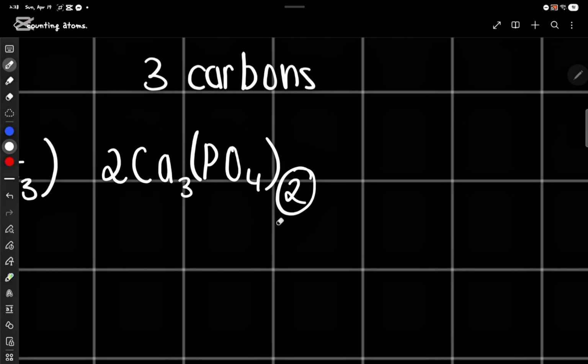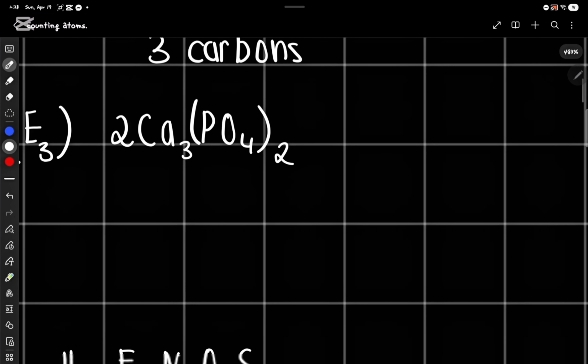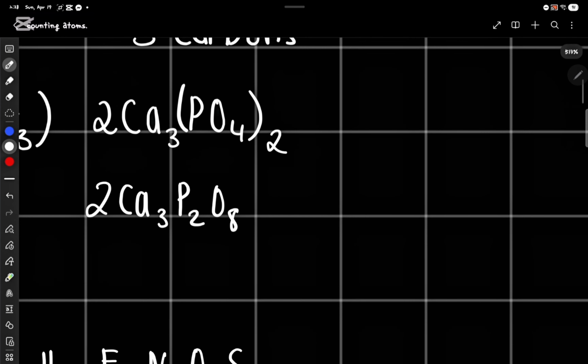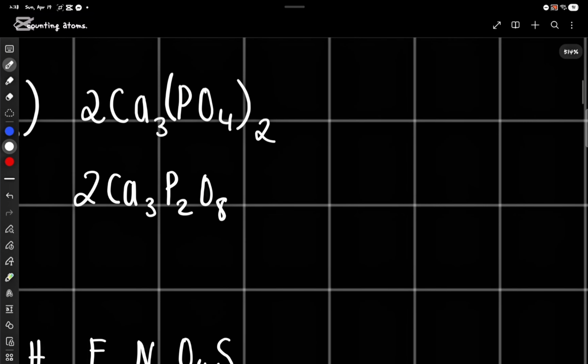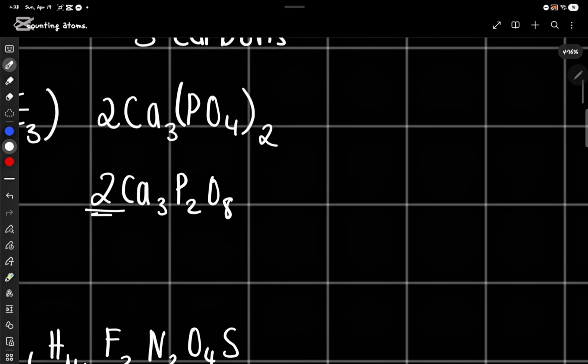So let's distribute it. That will get you to this new formula here. And it's the same thing, you just distributed the 2 to these elements. And now you have the 2 here.